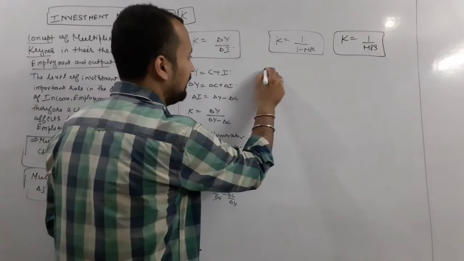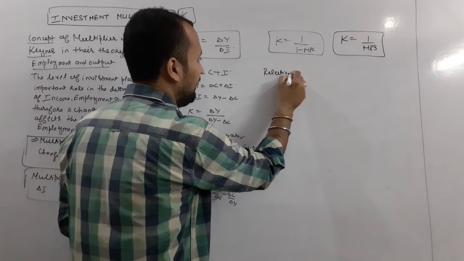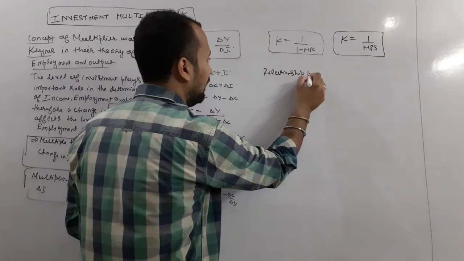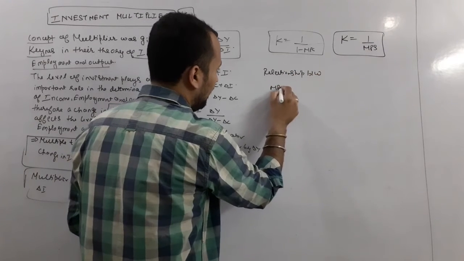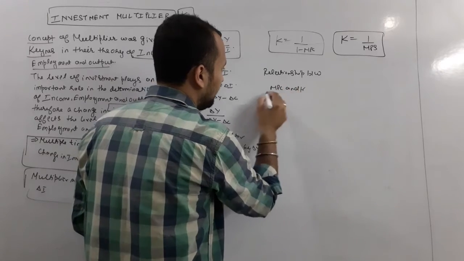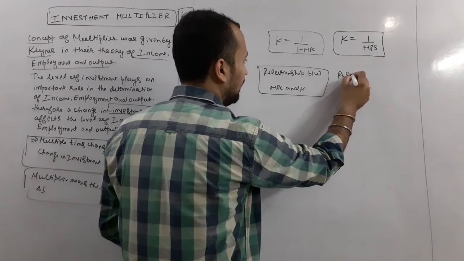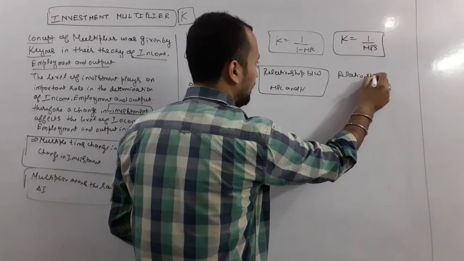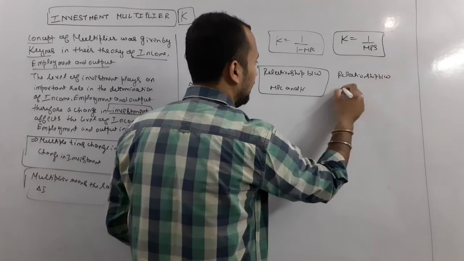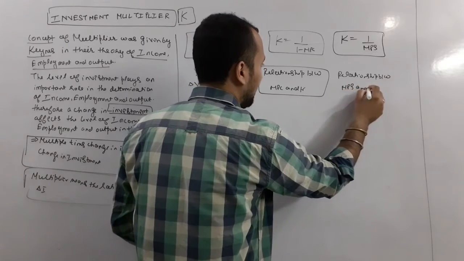So first is the relationship between MPC and multiplier. Second heading is the relationship between MPS and multiplier.